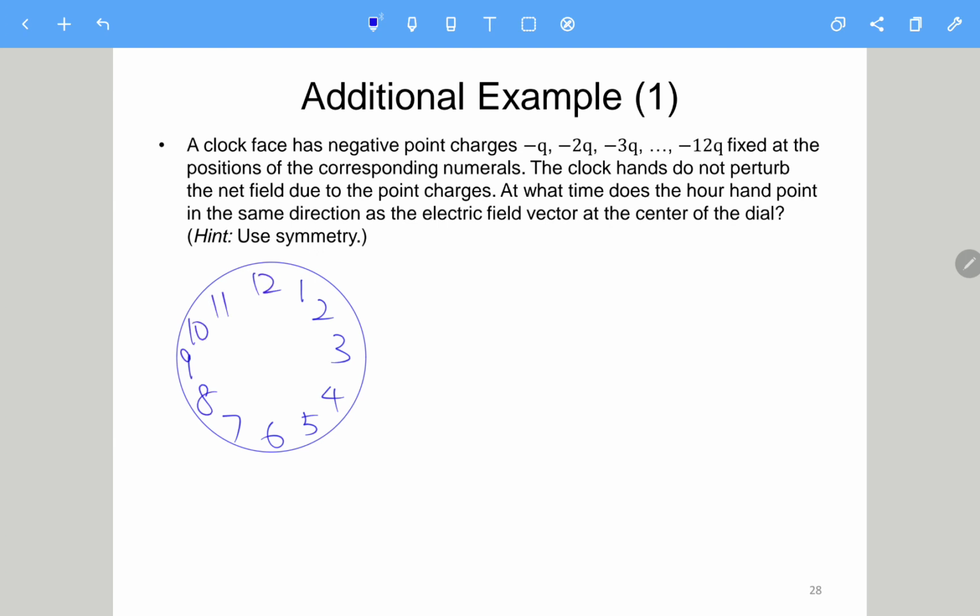Suppose for 1 we have negative Q, for 2 we have negative 2Q, and so on and so forth, up to here negative 12Q. So it asks you what is the overall E field generated at the center point. The point here is that we can use cancellation.